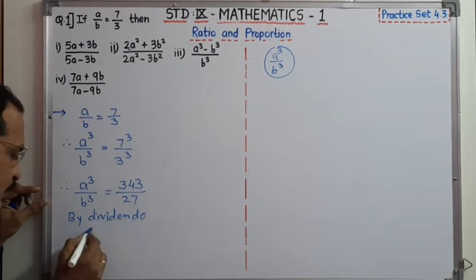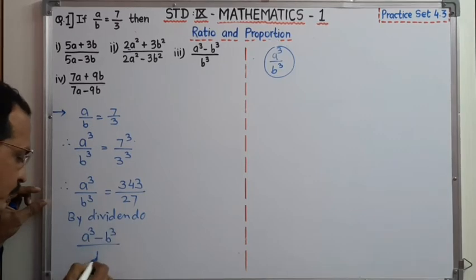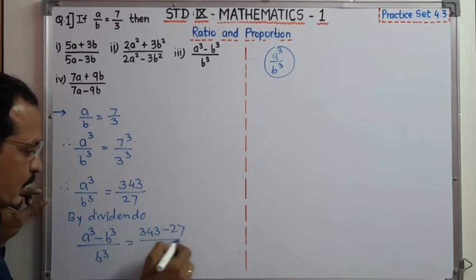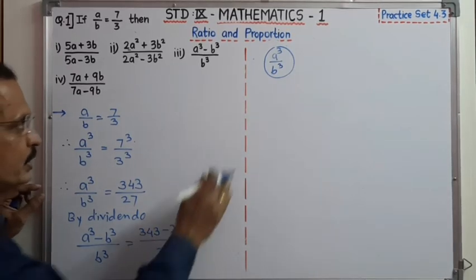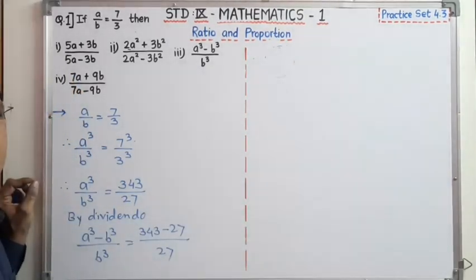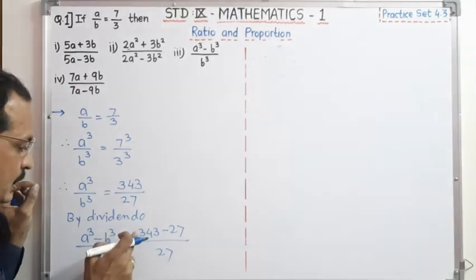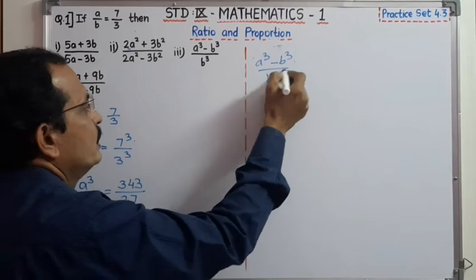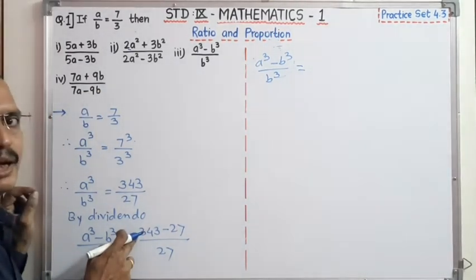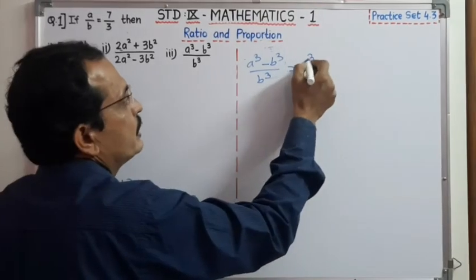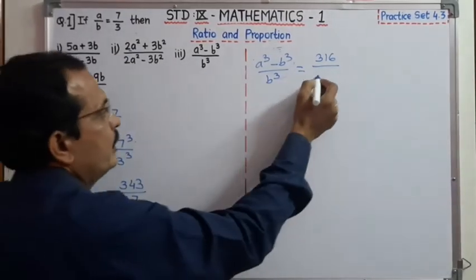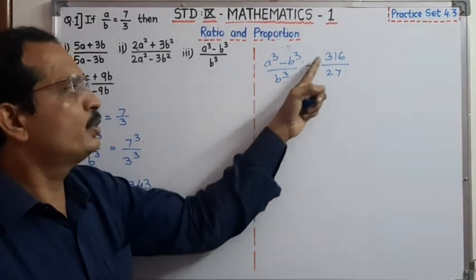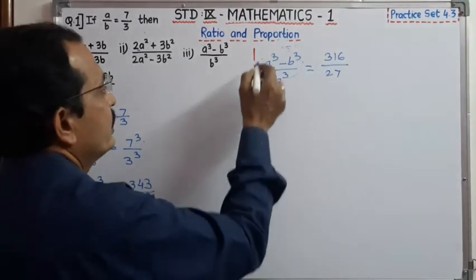Now, by dividendo, a cube minus b cube upon b cube is equal to 343 minus 27 upon 27. Therefore, dear student, see, we have to do the subtraction of this. Then a cube minus b cube upon b cube is equal to 343 minus 27, which is 316, divided by 27. Therefore, we got here a cube minus b cube upon b cube is equal to 316 upon 27.